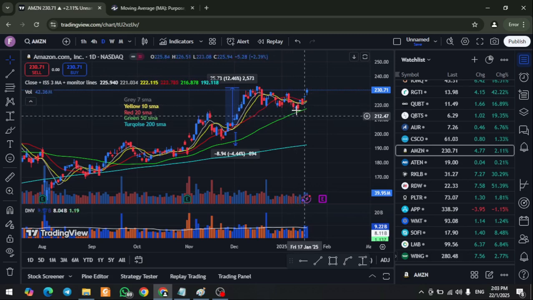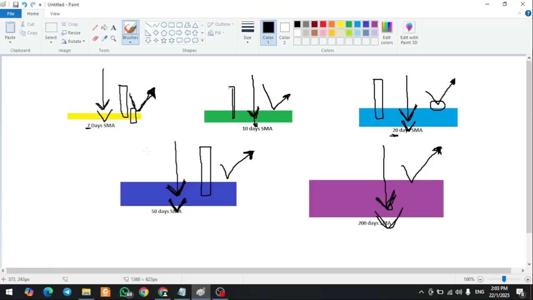The price didn't break the 50 days moving average. That's why I explained to you at the beginning that you just imagine every simple moving average, 7, 10, 20, 50 or 200, is a stack of paper on top of each other. 7 is 7 layers, and 10 is 10 layers, and so on. So the 50 days moving average is about 50 layers of paper.